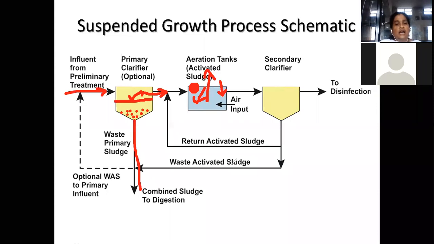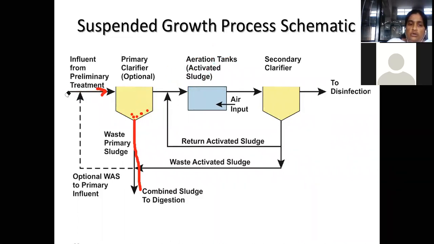These are the aerobic microorganisms, which work effectively in the presence of oxygen. You remember that the microorganisms working in the activated sludge process are aerobic microorganisms. Here you can see the spelling, AEROBIC. Aerobic means in the presence of oxygen, they can work effectively.